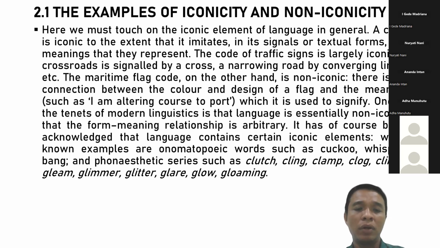There is no connection between the color and design of a flag and the meaning.